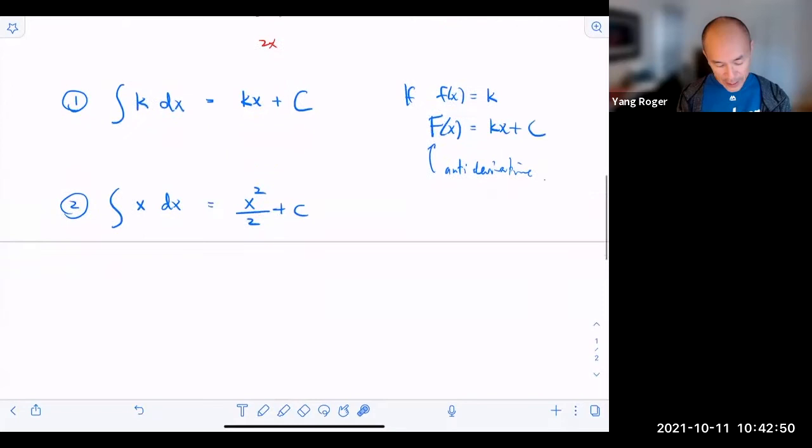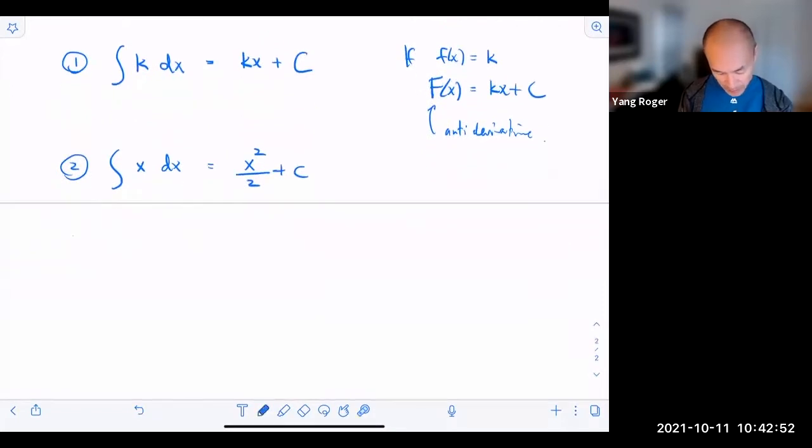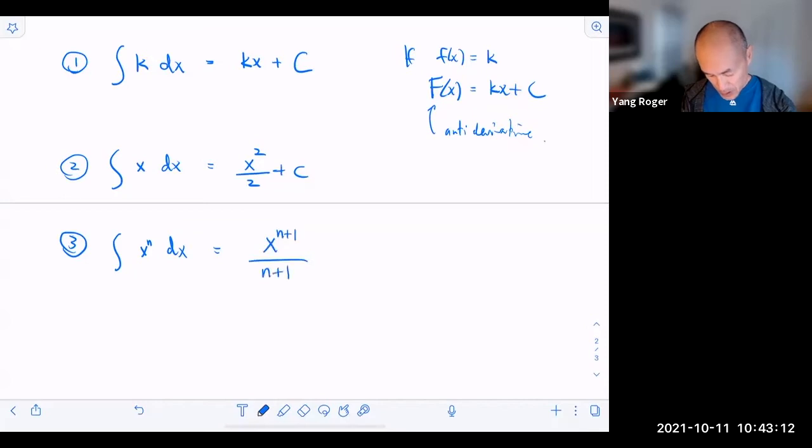So after looking at these two examples, we come up with the reverse power law. In other words, if you had something like x to the n dx, what you could do is add 1 to the exponent and then divide by what you just wrote. And we can check this, right?